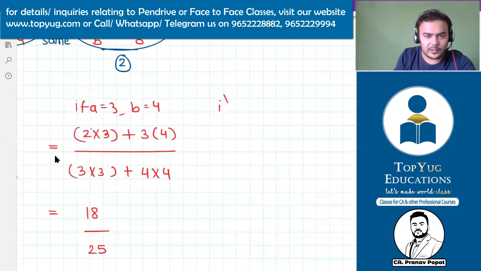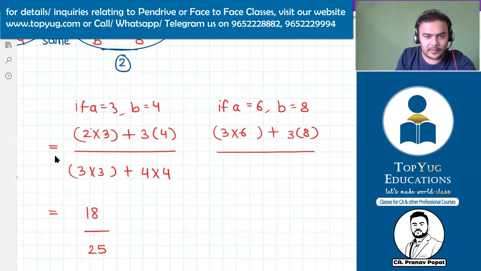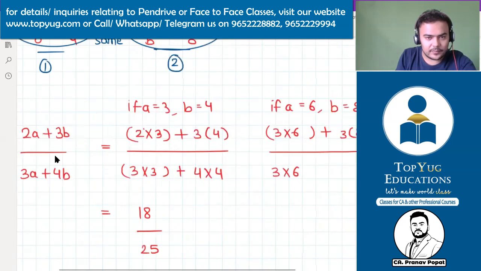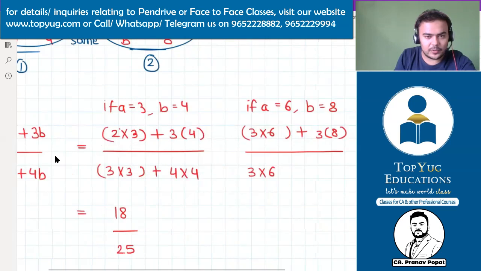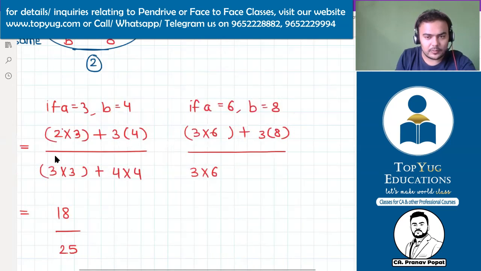If A is equal to 6 and B is equal to 8, now 2 into 6 plus 3 into 8, sorry, this should be 2 into 6 plus 3 into 8. And in the denominator, 3 into 6 plus 4 into 8.